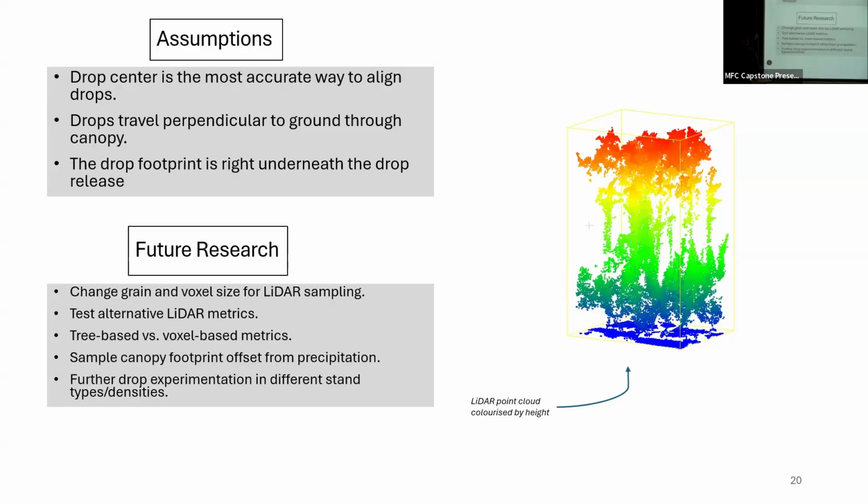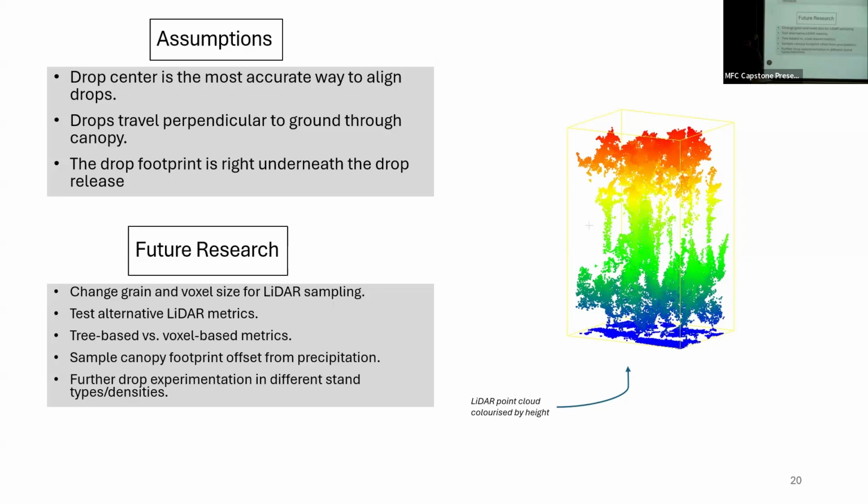And looking at future research, since we found no significant relationship between the LiDAR metrics and the amount of throughfall here, we should look at different variations of the LiDAR metrics calculated, such as grain size, which is like the horizontal resolution, or overall voxel size, which is a combination of horizontal and vertical resolution of the sampling squares, as well as looking at alternative metrics such as lacunarity, crown porosity, or structural complexity indices.